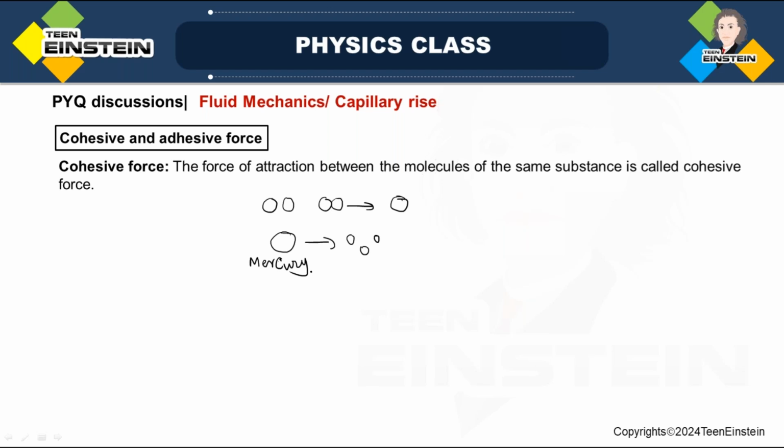For mercury the cohesive force is much greater than that of, sorry, water. So water has less cohesive force than mercury.